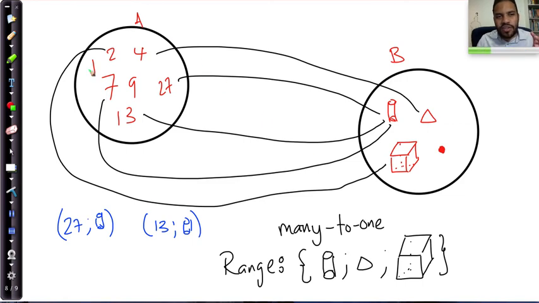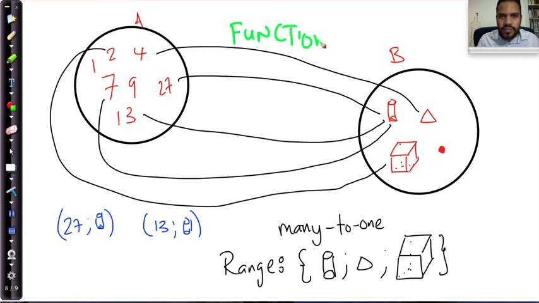So what I need to ask myself over here is, do all of these map to at most one element in the target? It doesn't matter if they go to the same element. For example, 27 goes to cylinder, while 13 also goes to cylinder, and 7 also goes to cylinder. Each of them goes to the same thing, but each of them only approaches one thing. So this here is a function, yes.